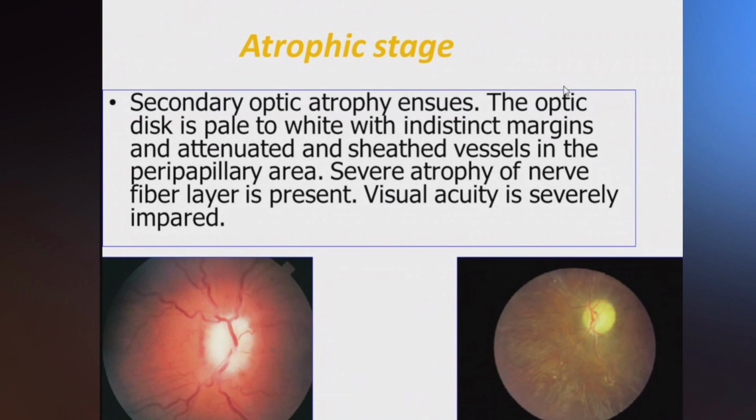We can find visual field defects, severe visual field defects, but during ophthalmoscopy, we don't see severe edema, but we see the pale white optic nerve. We call this atrophy of the disc of the optic nerve.